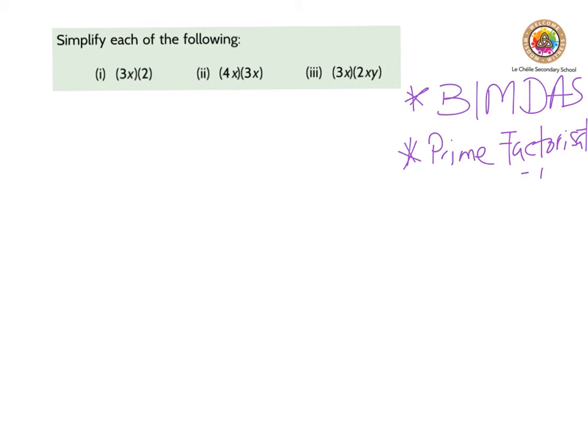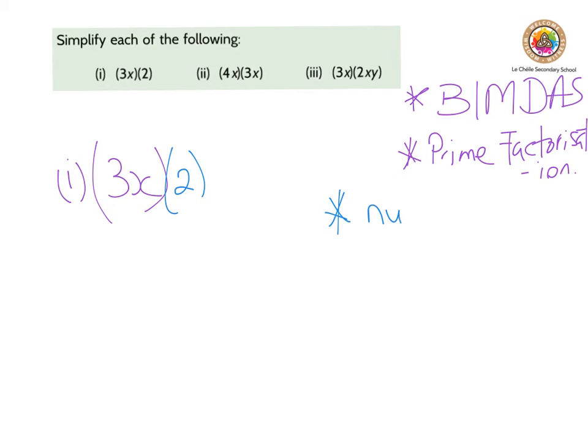So prime factorization. So here, example number 1, well, I have 3x by 2. Okay? Now the important thing, the kind of rule I suppose, or the order, would go number by number, by term by term.